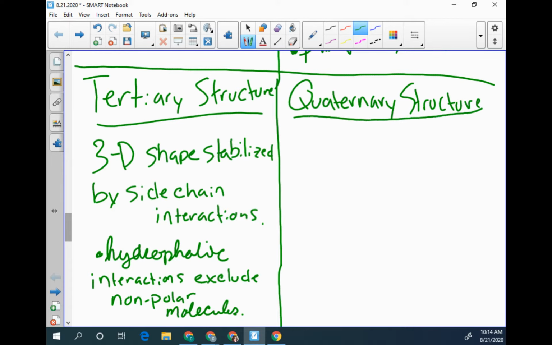So quaternary structure is optional. Not all proteins need it. But essentially, it's when 2 or more polypeptides come together.